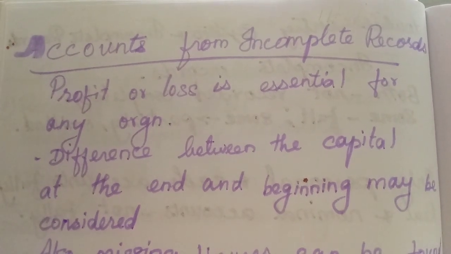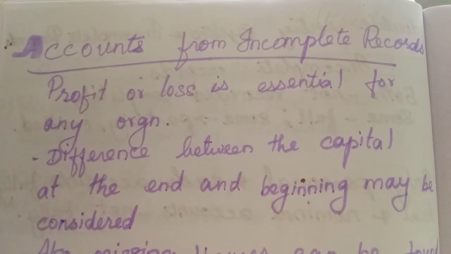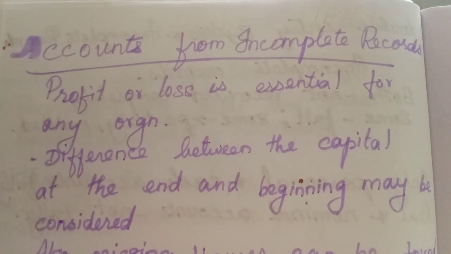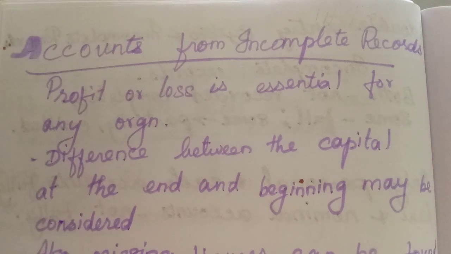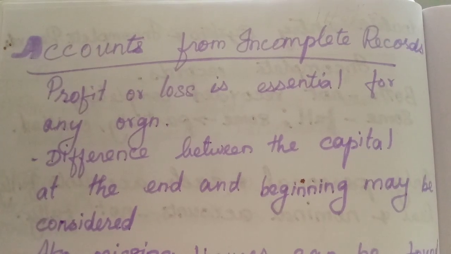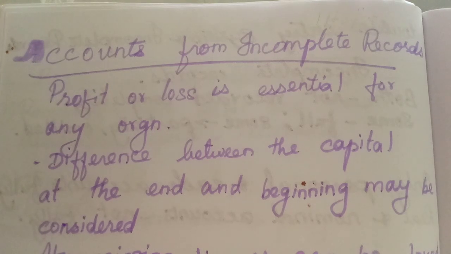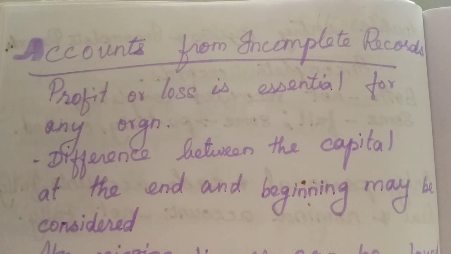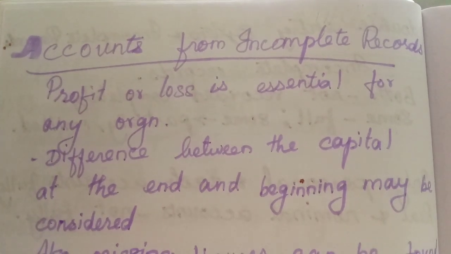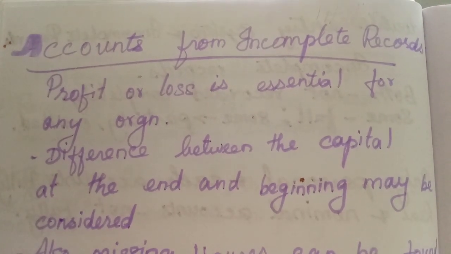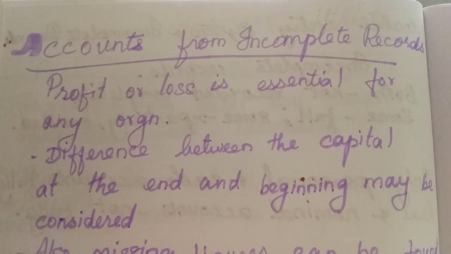Usually in incomplete records, the profit is calculated by finding the difference between the capital at the end and in the beginning, because any person may introduce his capital, work on it, and earn some profit, and at the end of the year he will have more capital.